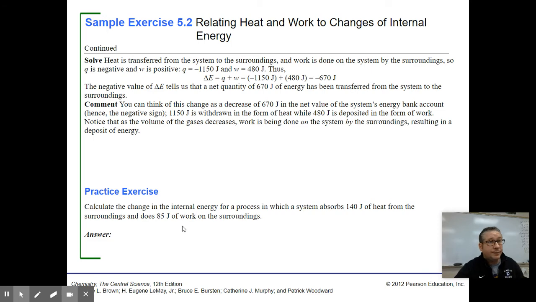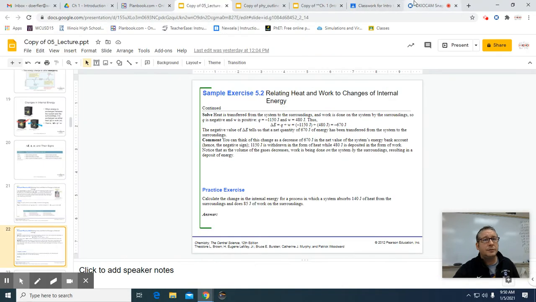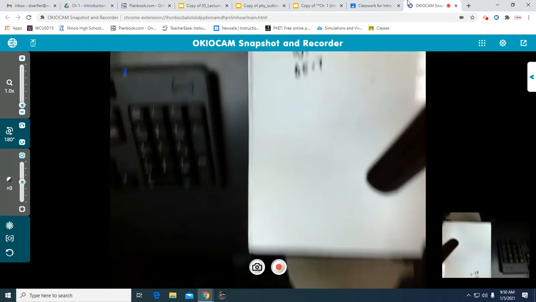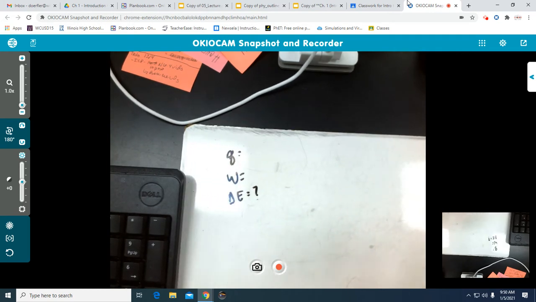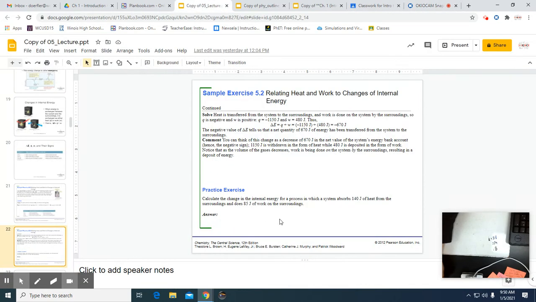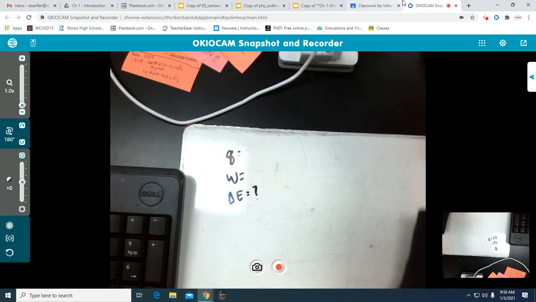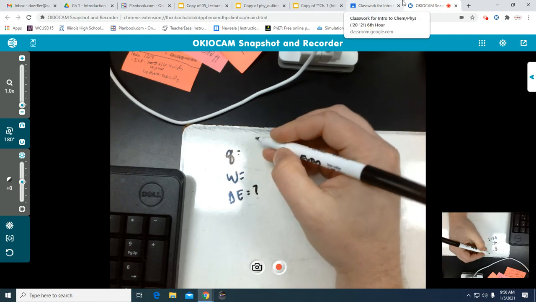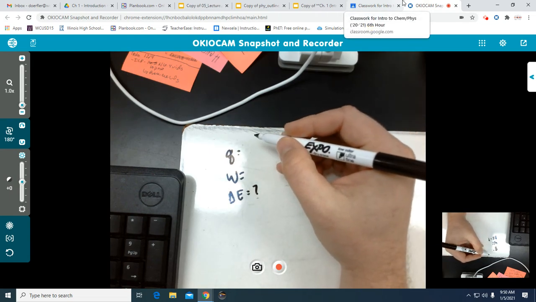Going back to the problem here, it says the system absorbs 140 joules of heat from the surroundings and does 85 joules of work. So let's talk about the Q. Let's talk about heat. It says the system absorbs 140 joules of heat from the surroundings.